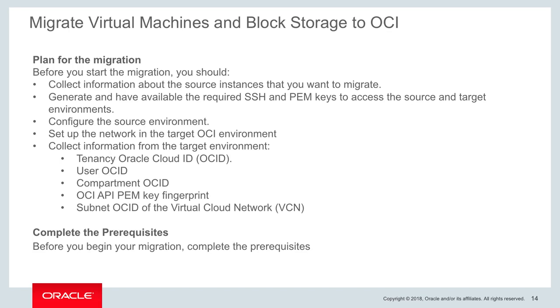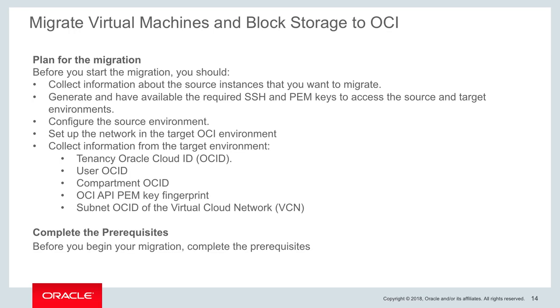Let's now look at the planning process for the migration. Before you start the migration, you should collect information about the source instances that you want to migrate, generate and have available the required SSH and PEM keys to access the source and target environments, configure the source environment with the required drivers, and ensure that the file systems that are attached to the source environment are properly configured so that they get attached on the OCI side.